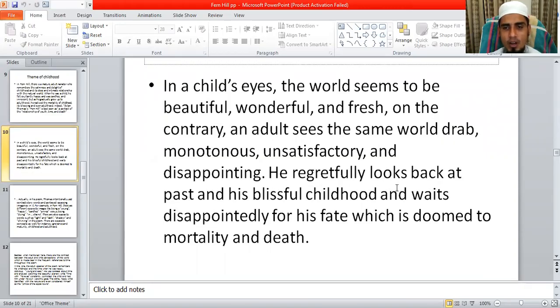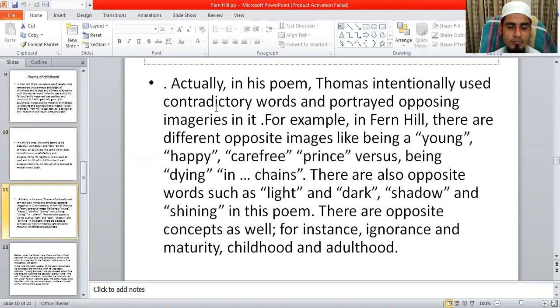So he regretfully looks back at the past and his blissful childhood and waits disappointedly for his fate, which is doomed to mortality and death. So then you can find here the remaining answer.